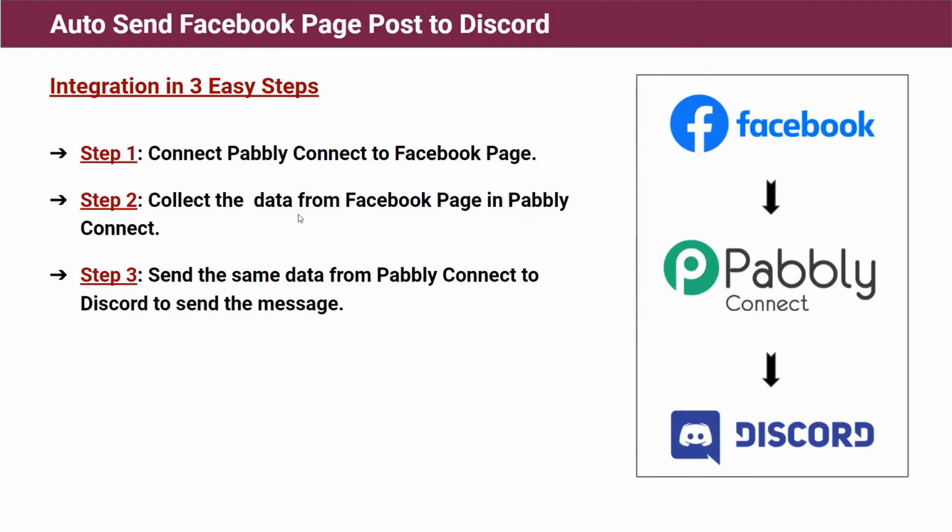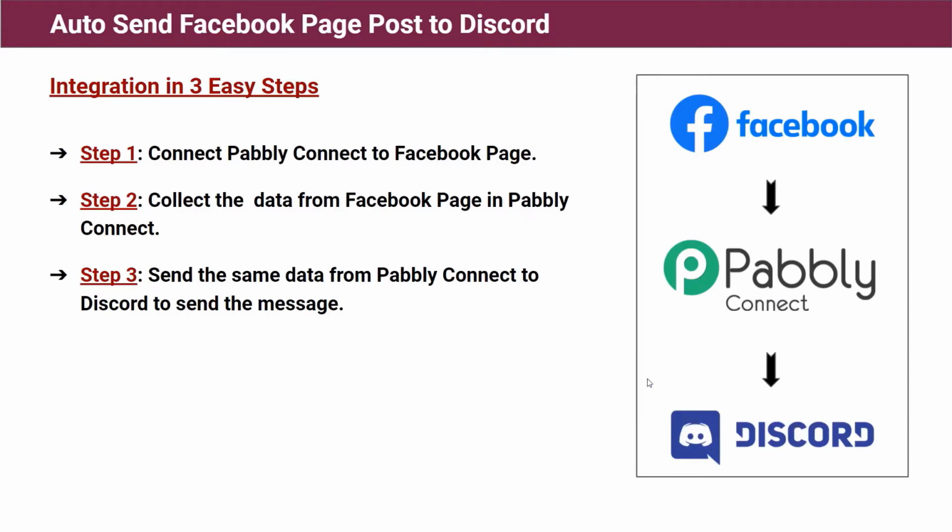Collect the data from Facebook page in Pabbly Connect. So in the second step, we will bring the data from our Facebook page to Pabbly Connect. Step 3 is send the same data from Pabbly Connect to Discord to send the message. So in the third step, we will send the collected data from Pabbly Connect to Discord as a new message.